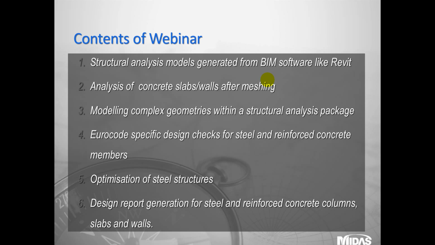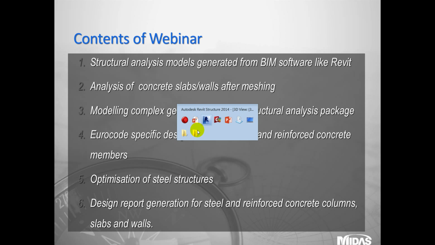And then we'll be moving on to modelling complex geometries within Midas Gen, and then we'll be looking at the Eurocode specific design checks for steel and reinforced concrete members, and then onto optimal design of steel structures, and then we'll be creating a detailed design report for the steel and reinforced concrete.